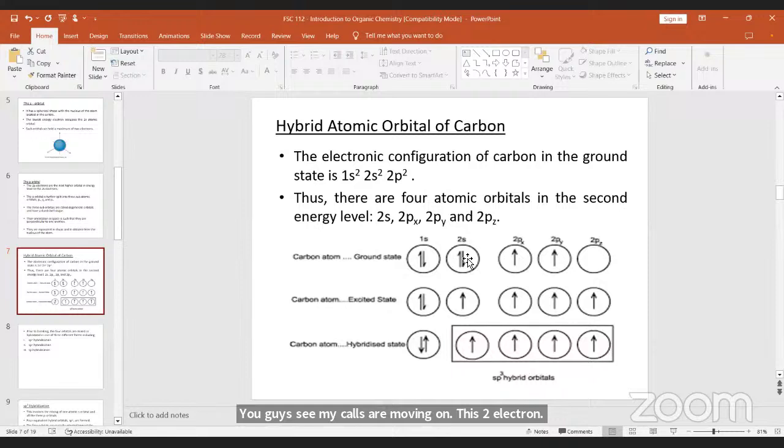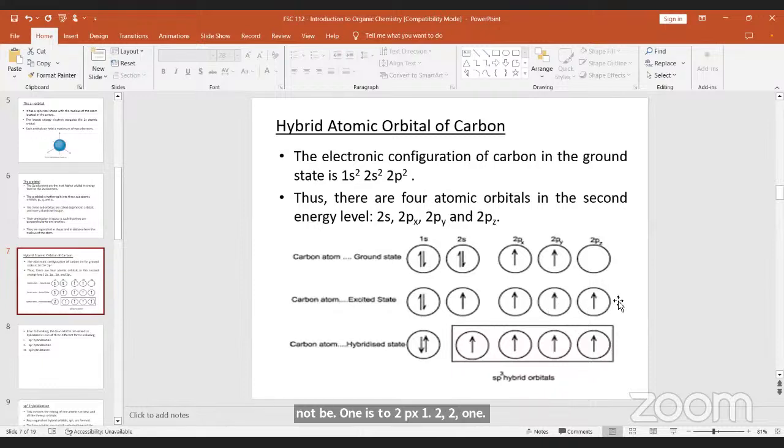One of the 2 electrons that was initially there, one will now be promoted to the empty 2pz orbital, such that the excited state of carbon, the electronic configuration will now be 1s2, 2s1, 2px1, 2py1, 2pz1.